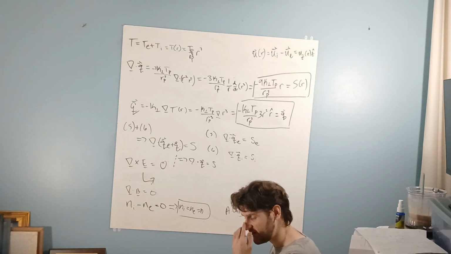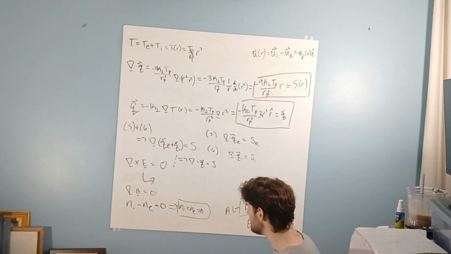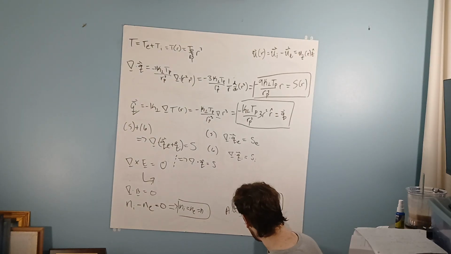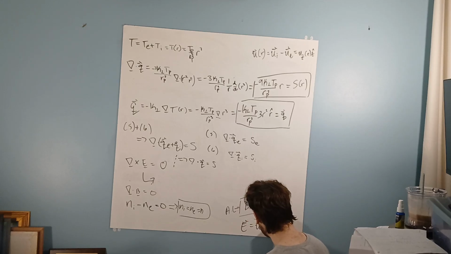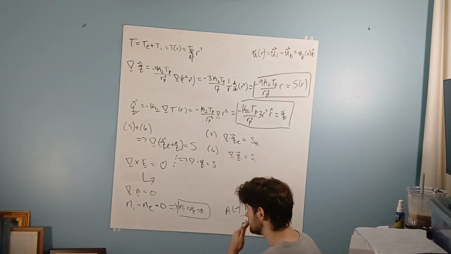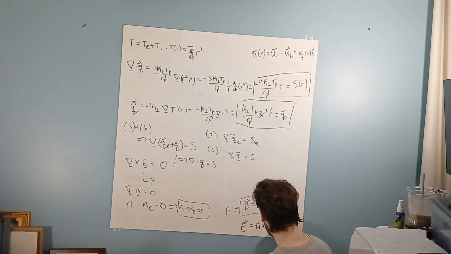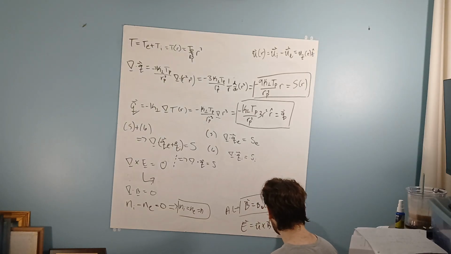In the ideal framework, the electric field is not going to be E of R times E hat, as I wrote down here. In the ideal framework, it's going to be equal to U cross B, okay? And that's going to be equal to minus UZ B theta R hat.